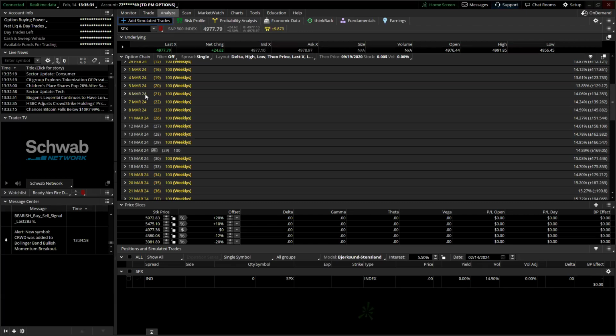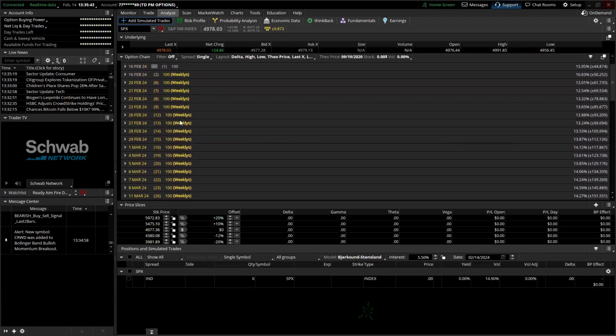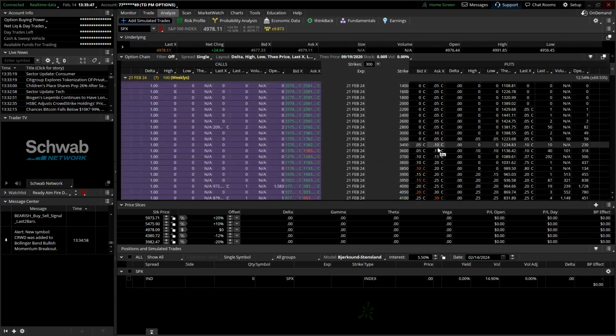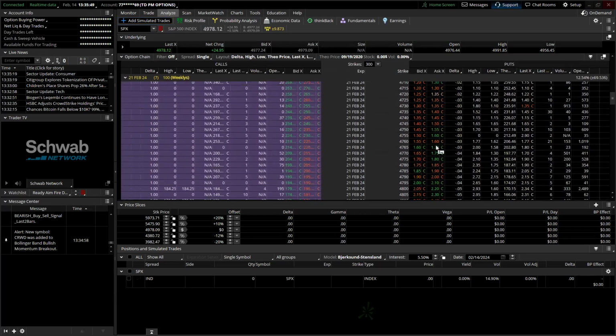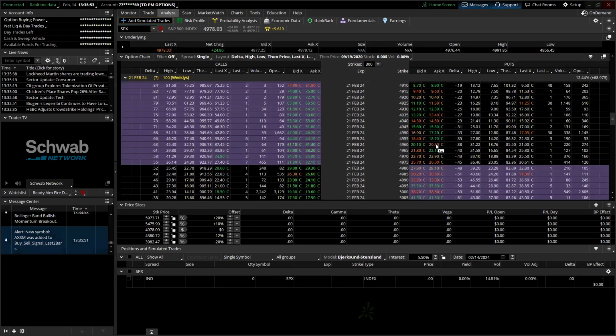What do I mean by that? If we just think about selling a put naked, something very simple. We have one put that we could be selling. Let's say we'll go with 7 DTE, and using SPX, we'll try to collect $15.